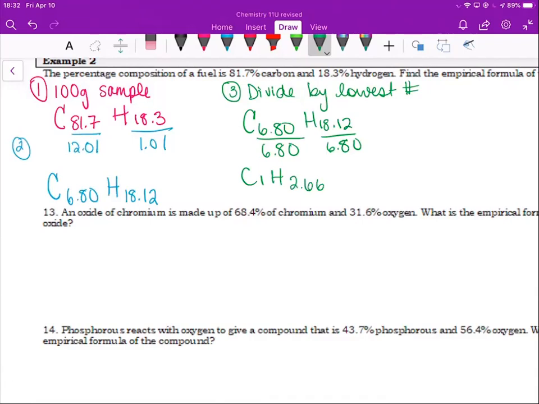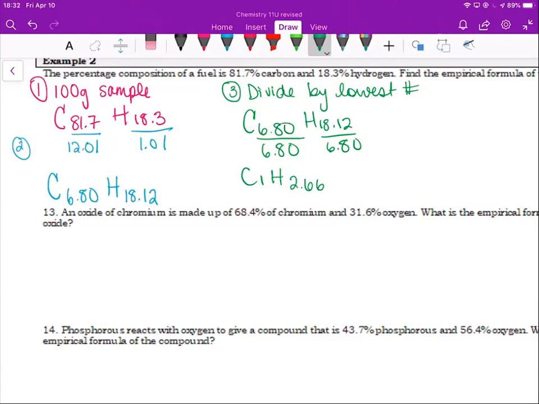Okay, so a lot of students would get discouraged, or I think a lot of students would just try to change this decimal into a fraction. Guess what? You are smarter than your calculator.